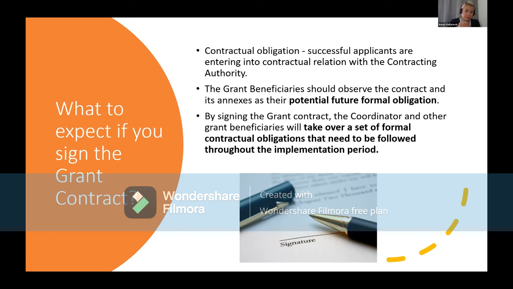You will have certain rights, you will have certain obligations, and you should observe this contract and these annexes as your potential future formal obligation. You will take over the set of formal contractual obligations that need to be followed throughout the implementation period.